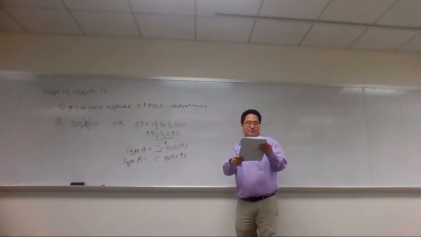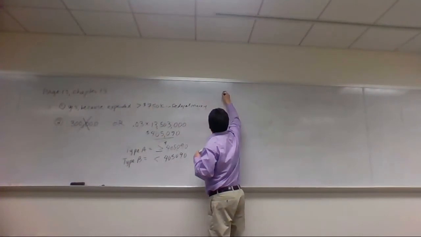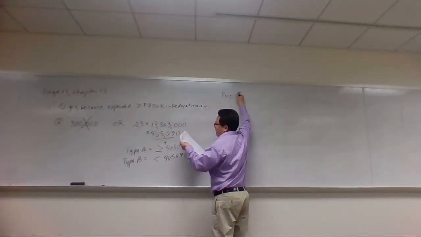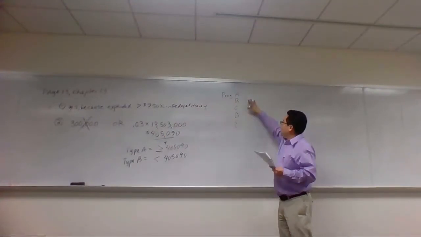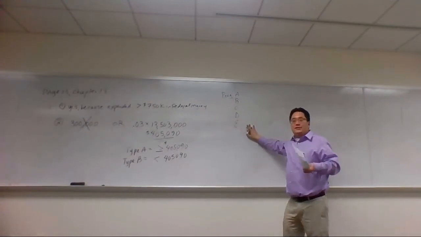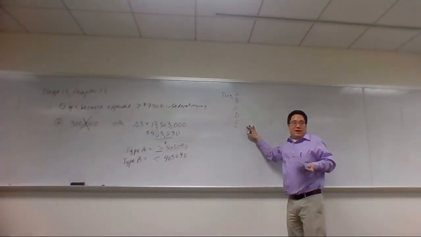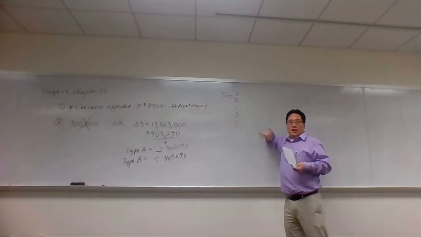Okay, let's look at the top part now. So let's just rank each part. We've got program A, B, C, D, E. The point is, we don't have enough resources and time to examine every single one. What if they had 3,522 programs? You can't look at every single one.